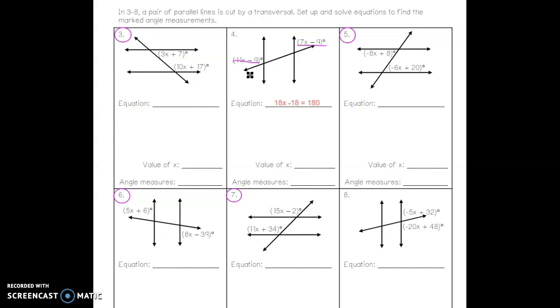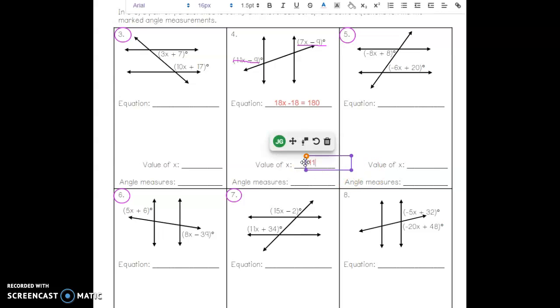And so 11x plus 7x gives you 18x. Negative 9 plus negative 9 will give you negative 18. After we solve that equation, we find out that x is going to equal 11.